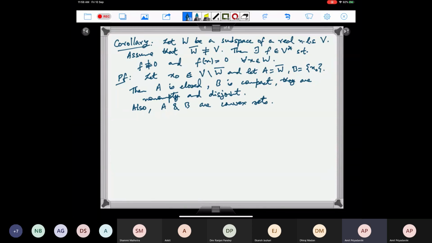So now we can apply the previous theorem. We get a closed set and a compact set. Both are convex, non-empty and disjoint, so we can separate them.